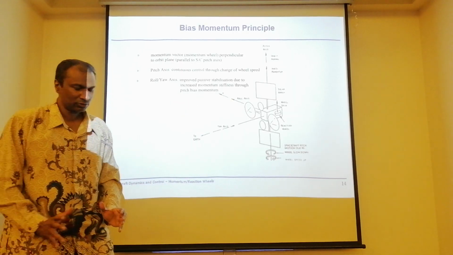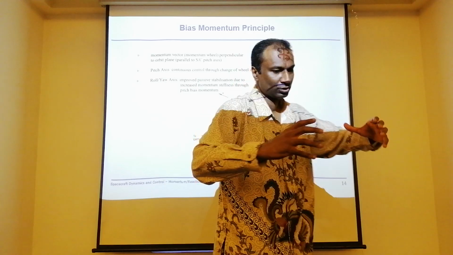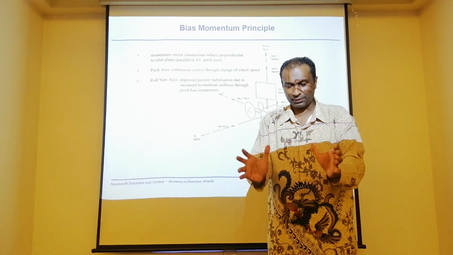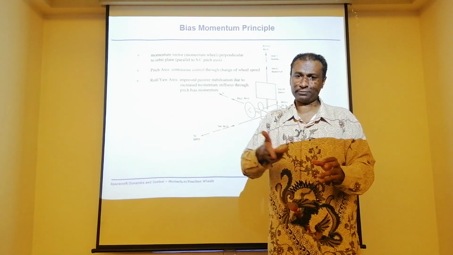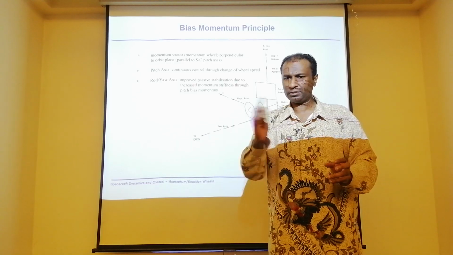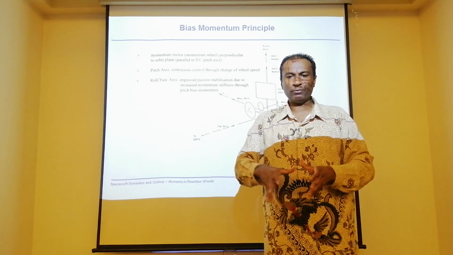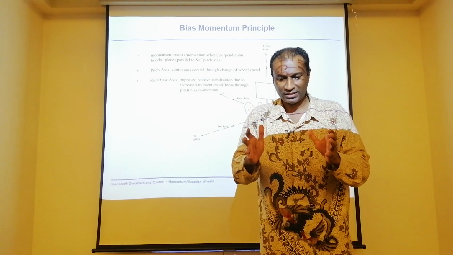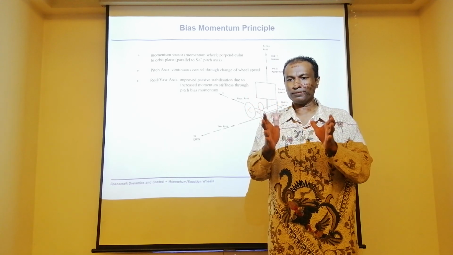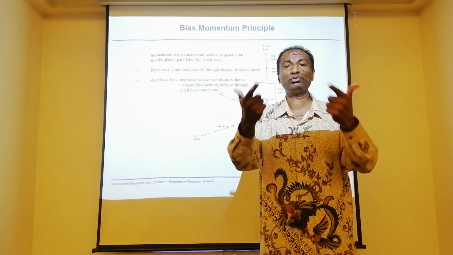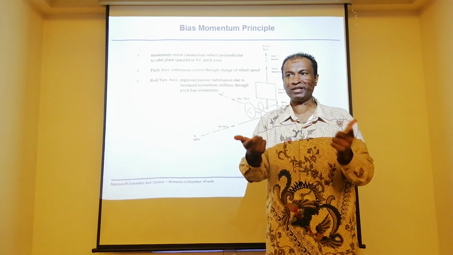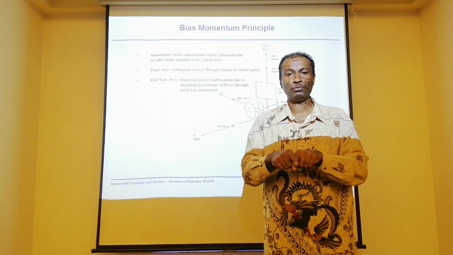Okay, now this you must understand: when you have the pitch axis, you have an angular momentum, just like the top spin that I explained just now. You throw a top spin, spinning very, very fast. It'll be very stiff. You have a gyroscopic stiffness. When you have a gyroscopic stiffness, it provides very good stiffness to the other two axes, which are perpendicular to the actual rotating axis. Which are the axes?